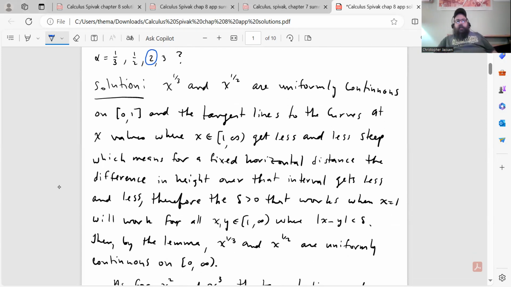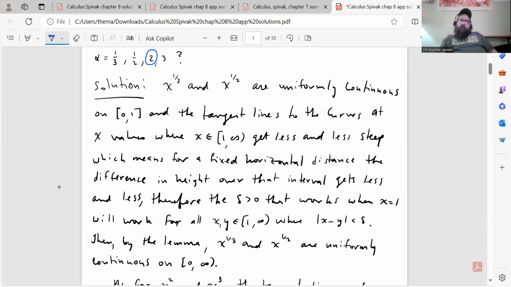So starting with alpha equals 1/3 and alpha equals 1/2, those are uniformly continuous on the closed bounded interval from 0 to 1. And if you think about this intuitively, the tangent lines to those curves at x values in the interval from 1 to infinity get less and less steep. So, they're doing something like this, right? Which means for a fixed horizontal distance, the difference in height over that interval gets less and less.